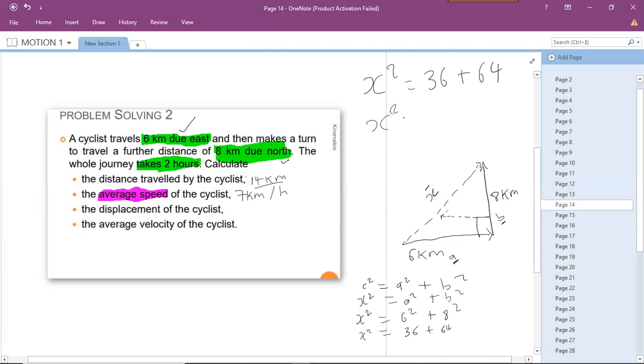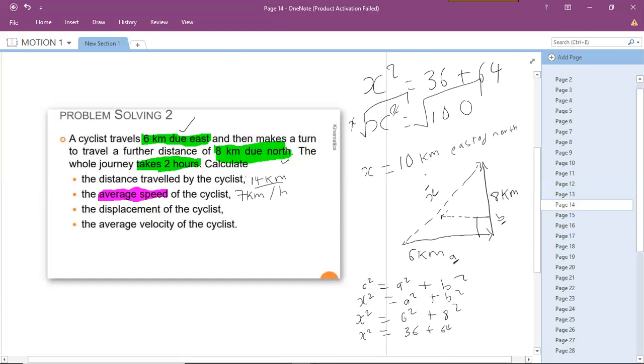So x squared will be 100. To get rid of this square, I'll square root both the left-hand side and the right-hand side. That cancels, so x will be the square root of 100, which is 10. So the resultant vector is 10 kilometers east of north. So that's the displacement.